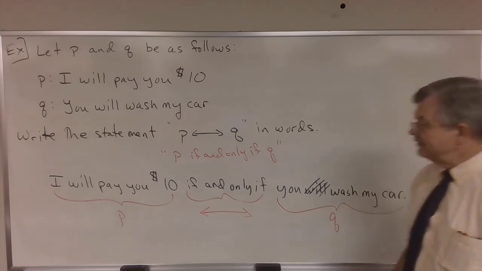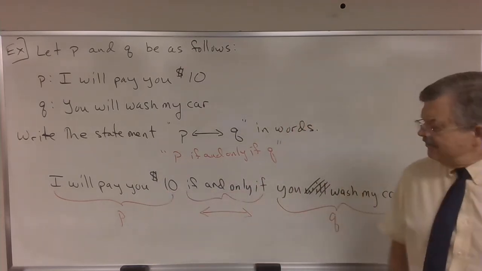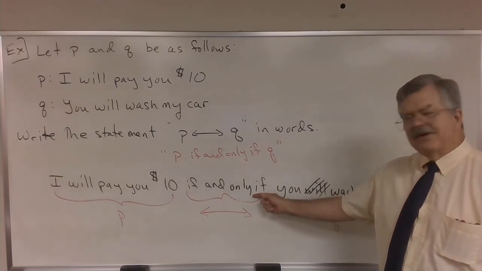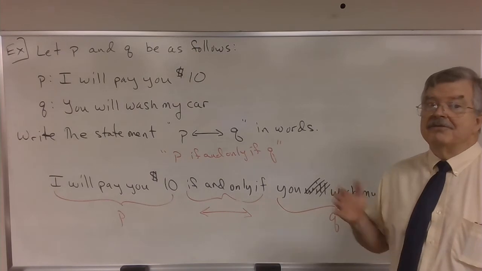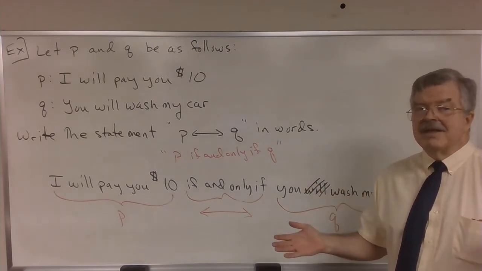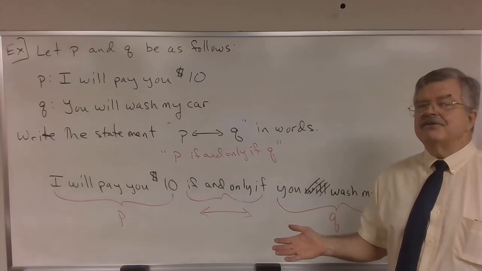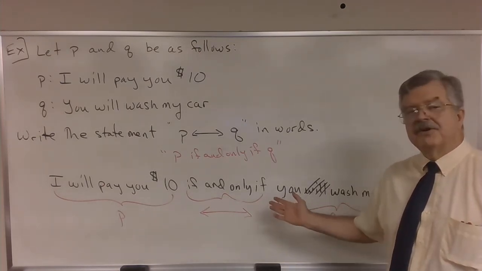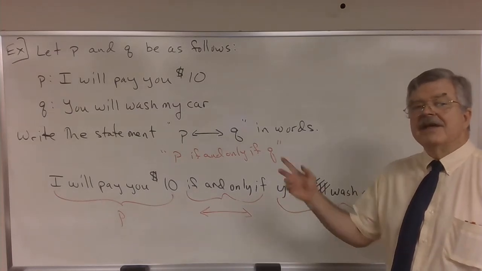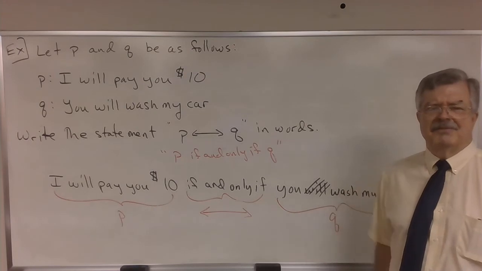If this is false, then that's going to be false too. So I guess the only time that an if and only if statement is not going to be true is if one of them's true and one of them's false. And it doesn't matter which one is true and which one's false. If one of them's true, and the other one is false, then all bets are off. This statement is false.